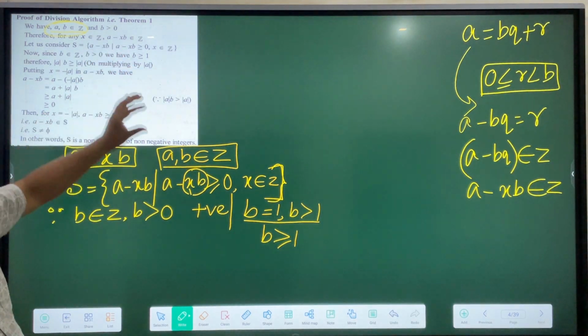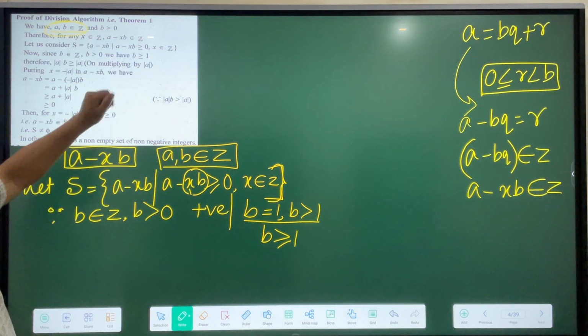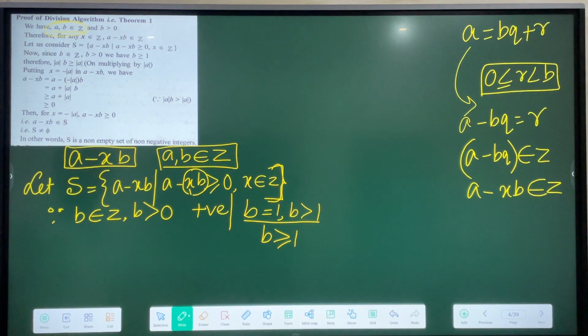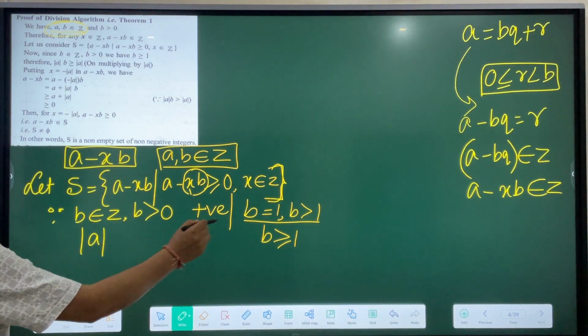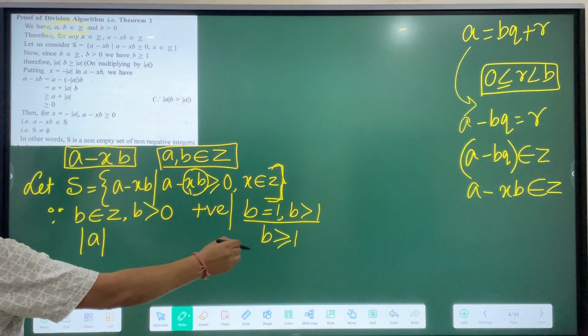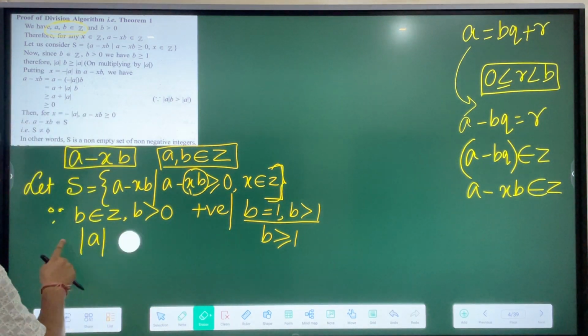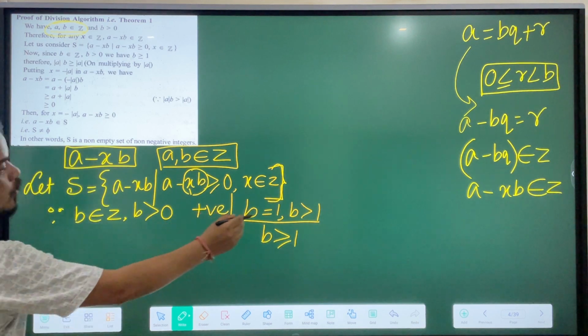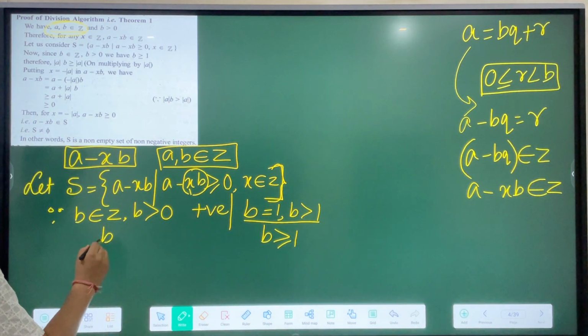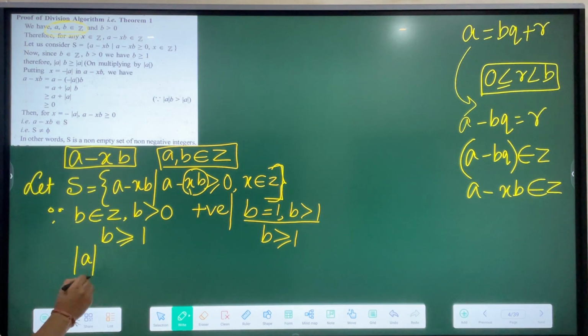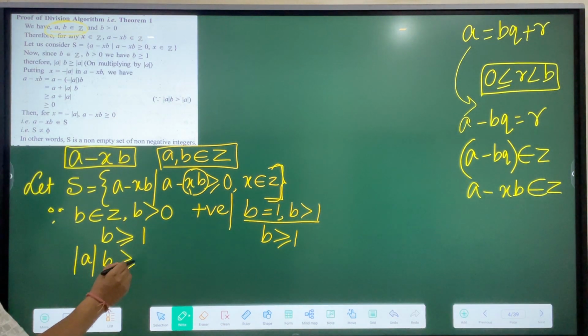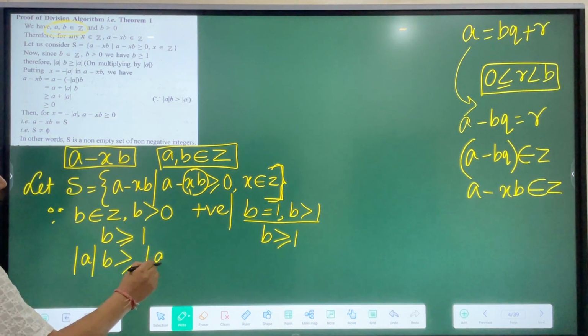Whatever is written here, I want to explain to you. Then what is done here? The modulus of a is multiplied here. Let me do it here only. Let me write again: b is greater than or equal to 1. Multiplying both sides by the modulus of a.